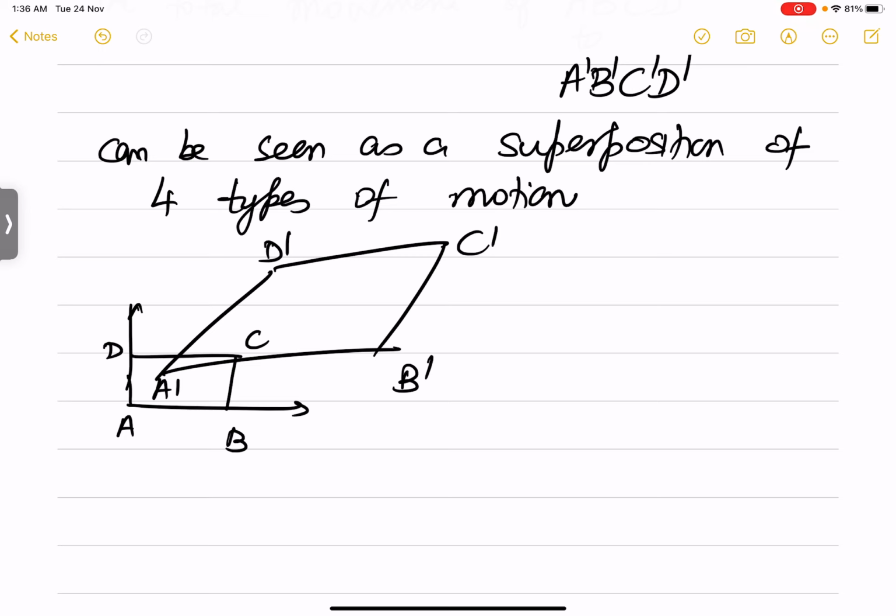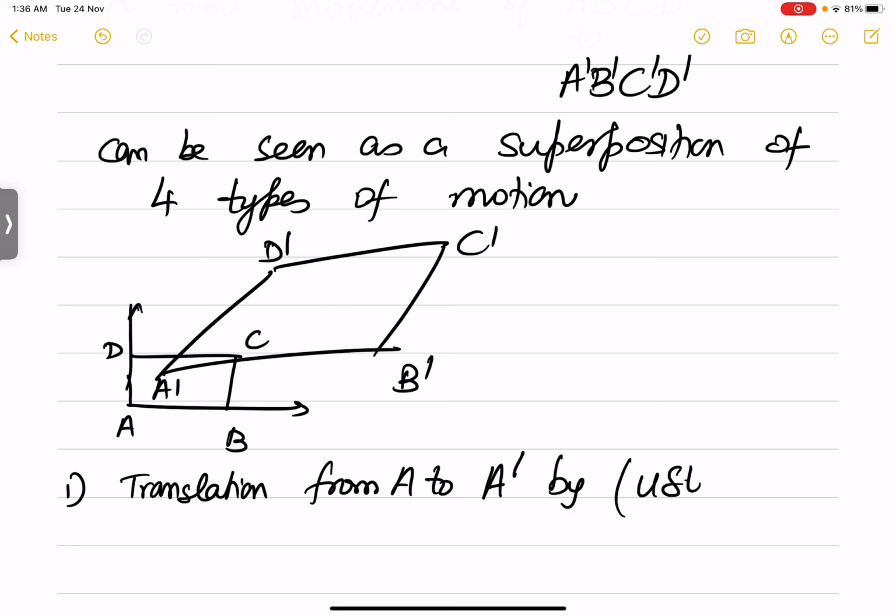This should have been slightly shrunken, but now the first type of motion we can see is a translation from A to A prime by U delta t and V delta t.